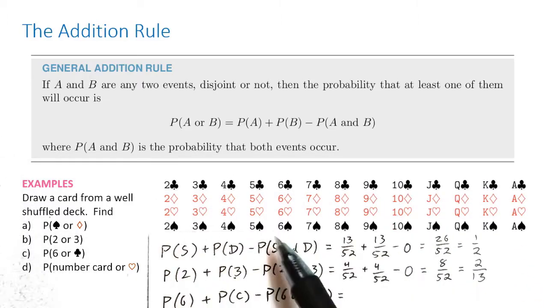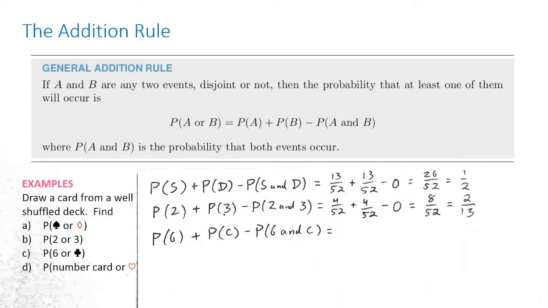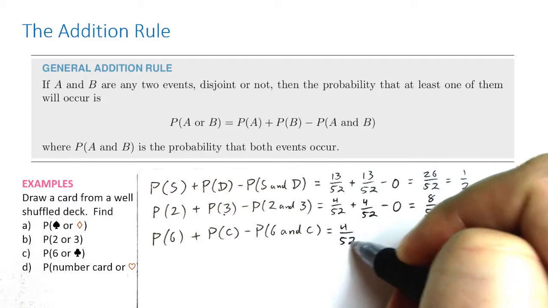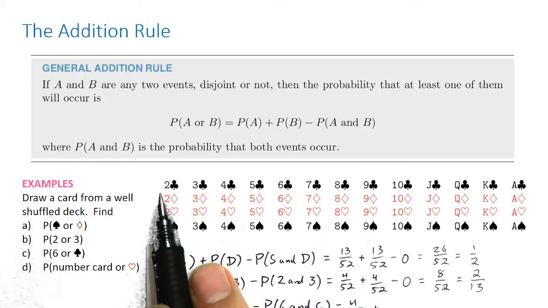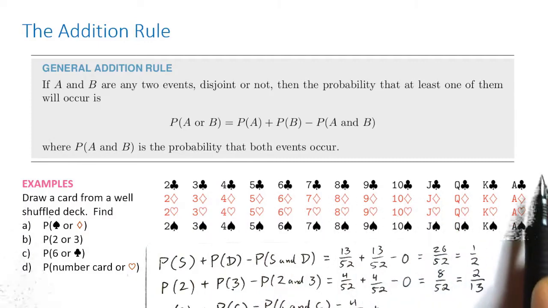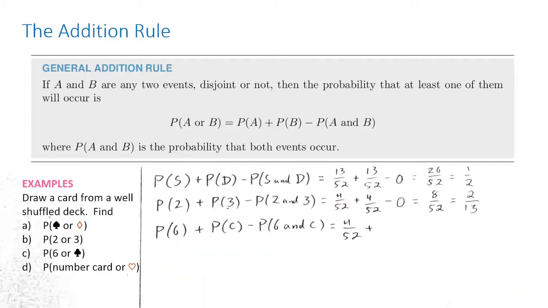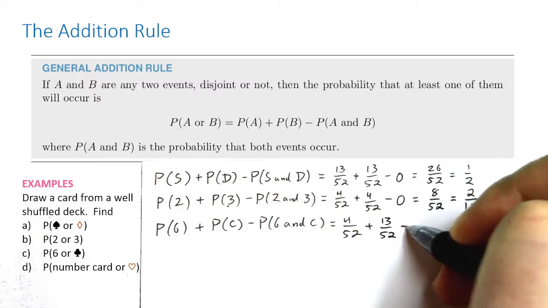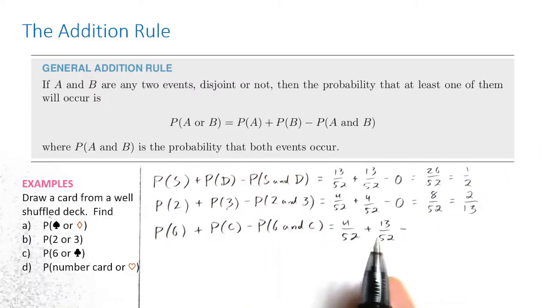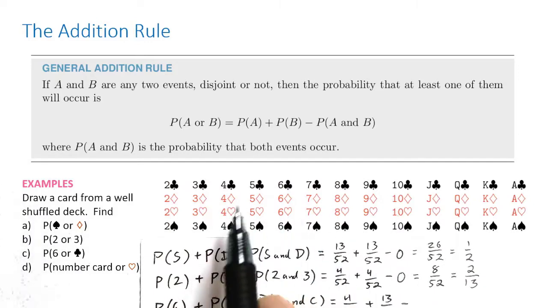Okay, so probability of getting a 6. Well, there's 4 ways to get a 6 out of the 52 cards. So that is 4 out of 52. The probability of getting clubs, well, there's 13 clubs out of 52. Right? So that is 13 out of 52. And what's the probability of getting 6 and clubs? Well, there's one way that can happen.